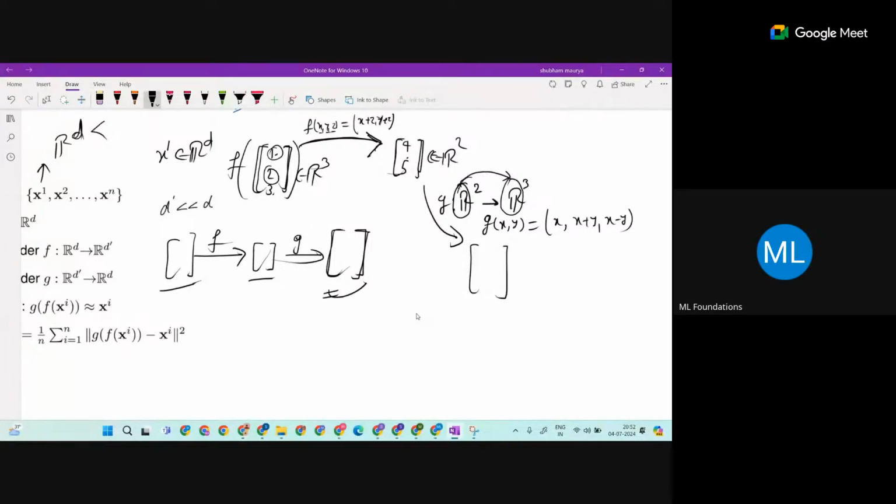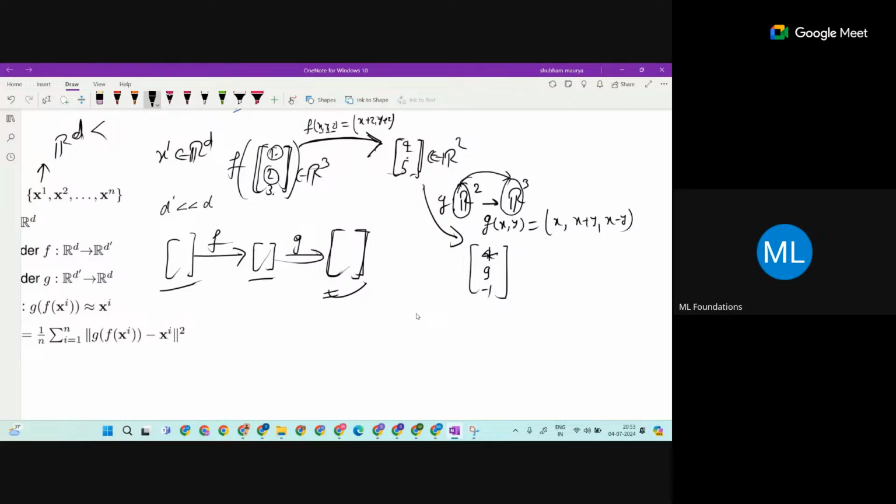Now see that we have 4 and 5. Let's apply it here. The x value is going to be the same 4, x plus y means 4 plus 5, which is 9, and x minus y is 4 minus 5, which is minus 1.